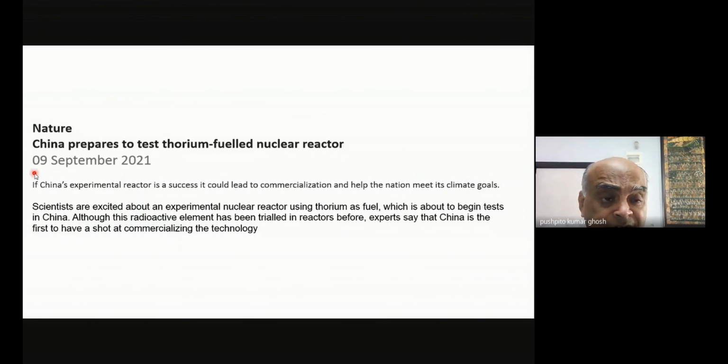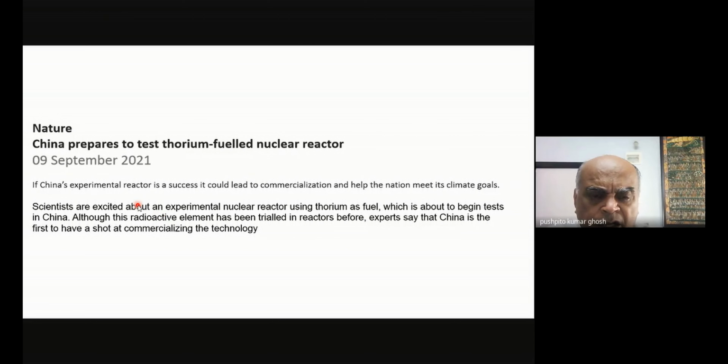Look at this, 9th September 2021. An article in Nature: China prepares to test thorium-fueled nuclear reactor. This is the test which has come closest to setting up a commercial plant based on thorium. So China has really taken the lead and gone ahead of everybody else.